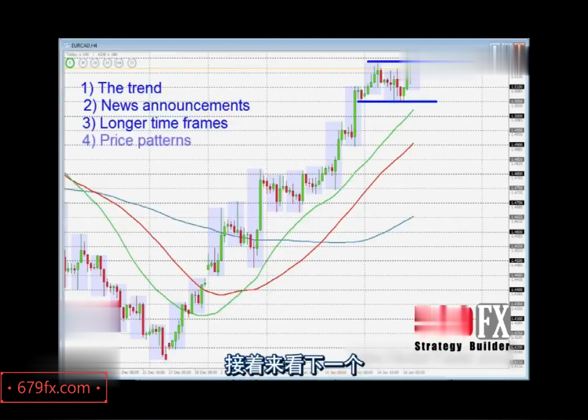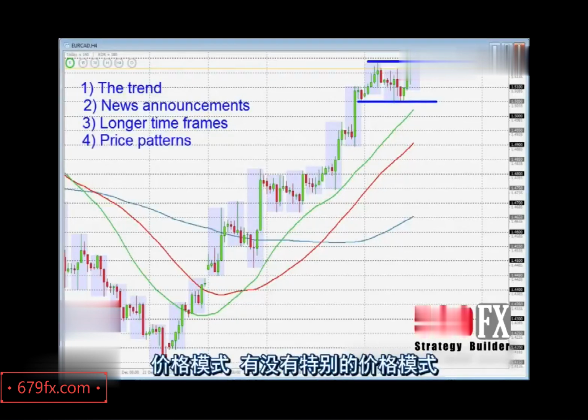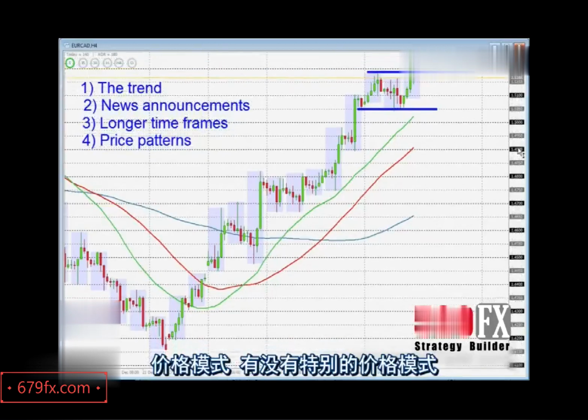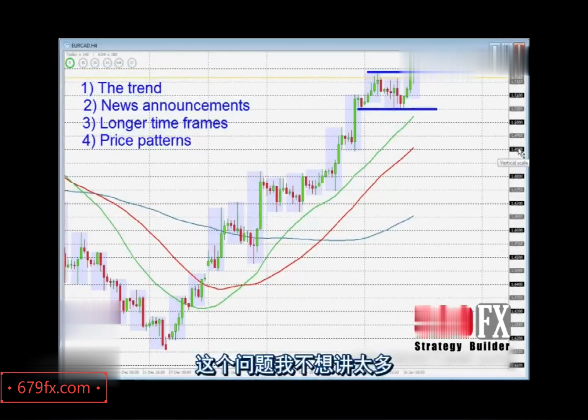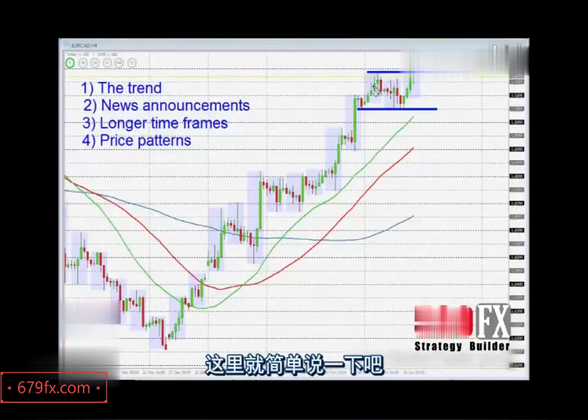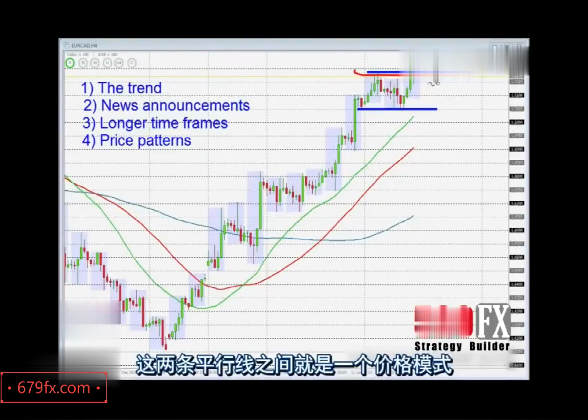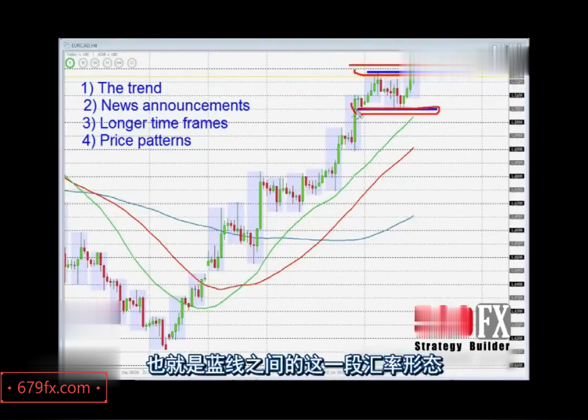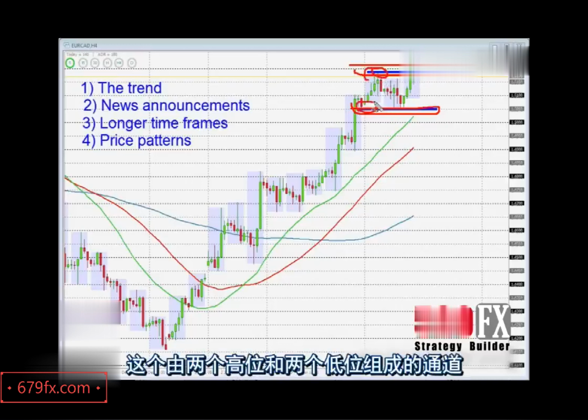Next up, do I see any pattern that I recognize, any price pattern? Well, I don't want to get too much into price patterns. I explain all about price patterns in chapter number 2 of this forex course. However, for the sake of accuracy, yes, I do see a pattern that I recognize. It's a sideways range, marked in blue on my screen, effectively formed by this double top and this double bottom.